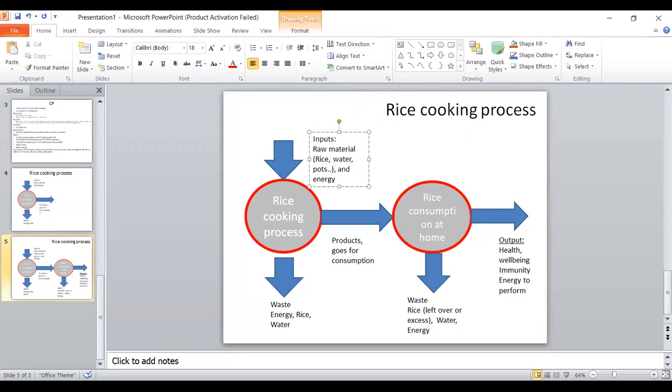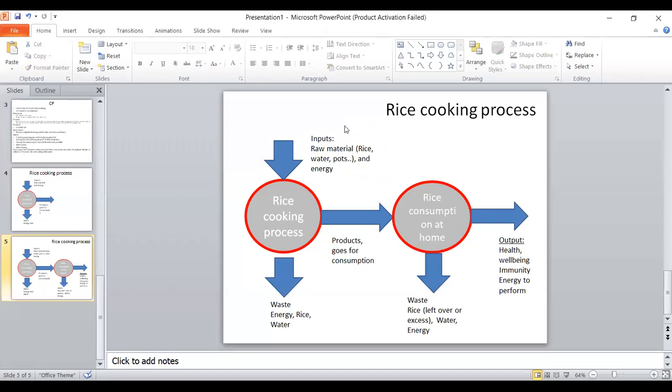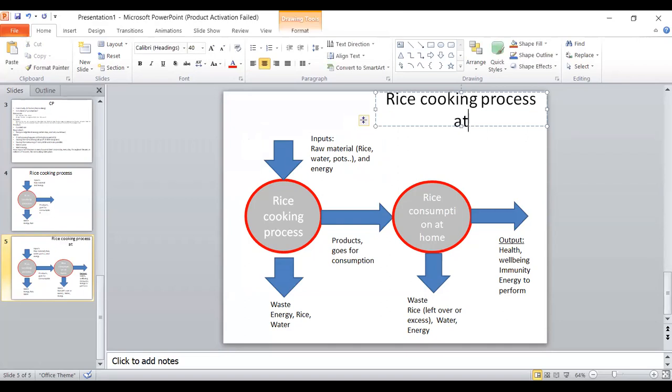This is only for rice, no vegetables. This process starts from the rice you brought in; where its origin is, is a different story. Now the rice cooking process at home. So this is the situation.